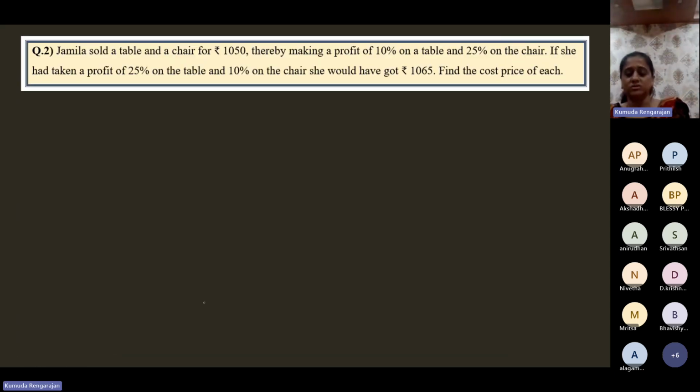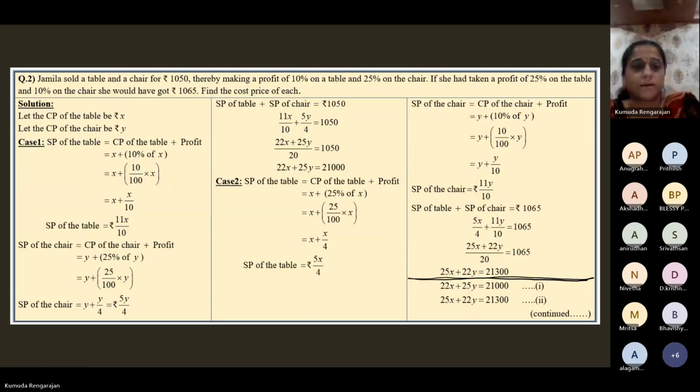But in this question, Jamila sold a table and a chair for rupees 1050. She sold a table and chair for this much. That means the selling price of the table plus the selling price of the chair is 1050. And how do we find selling price? It's cost price plus profit.